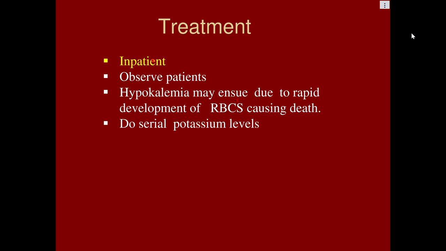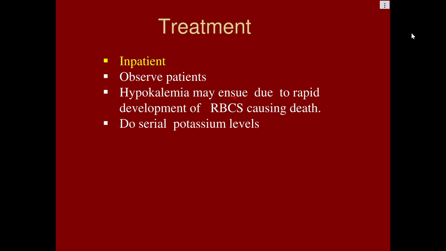So we say that for inpatient treatment, observe the patient. Hypokalemia may ensue due to rapid development of RBCs. Now, as you know very well, if you rupture the red blood cells, you end up releasing potassium into the circulation.